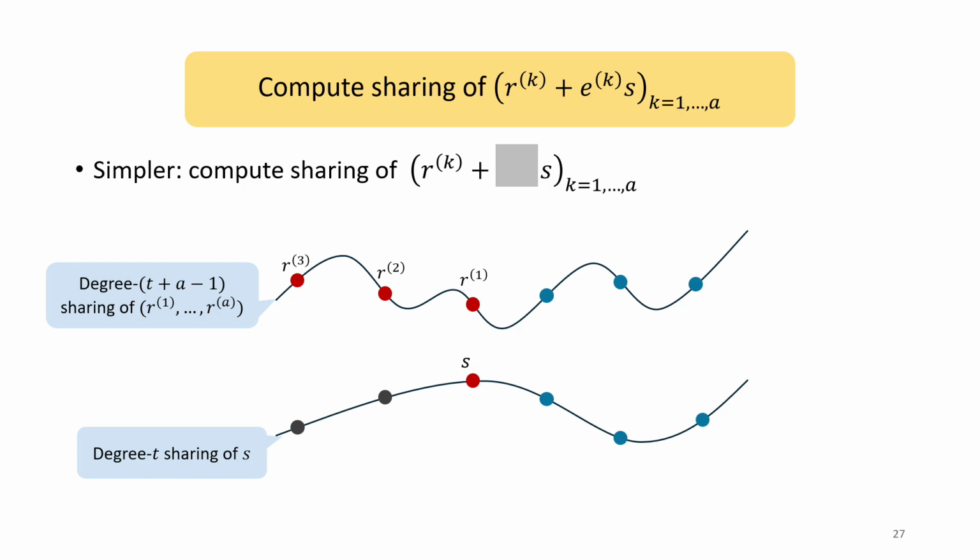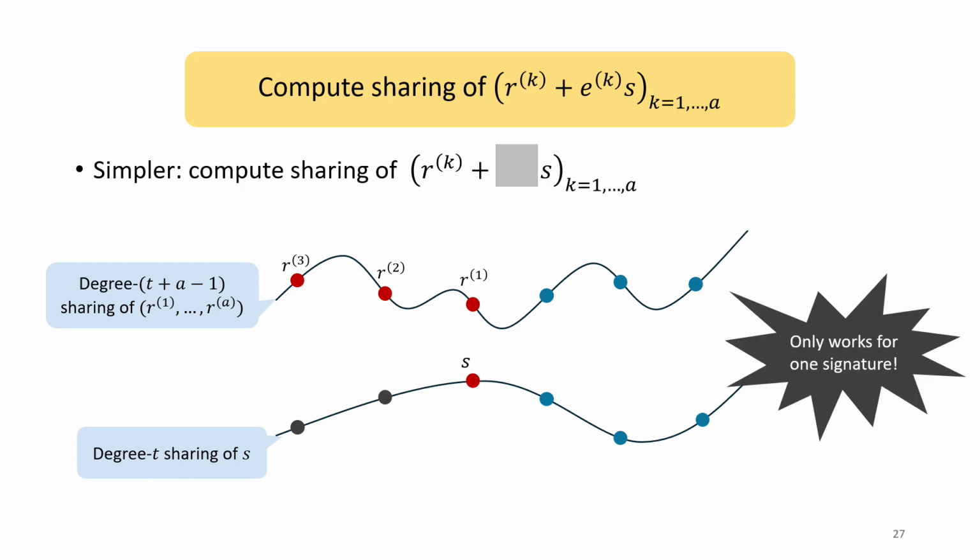So now if each party holding these blue points adds up the shares together, the resulting points are going to define a polynomial that interpolates the point r_1 + s, but not r_2 + s, and not r_3 + s. So basically, this means that it still works for one signature, even with packed multiple randomness here.